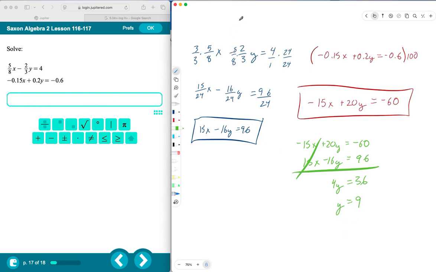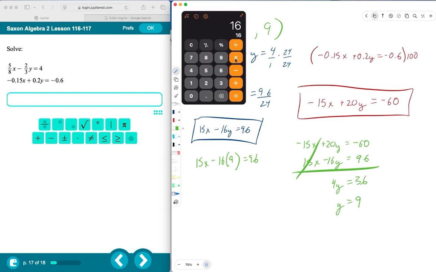So there's my y value. Now I just have to find my x value. I'm going to just use this one because there's space underneath it. No other reason than that. 15x minus 16 times 9 is equal to 96. 16 times 9, 144. 15x minus 144.